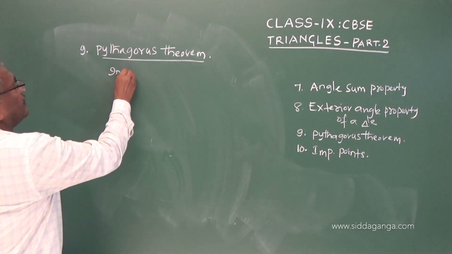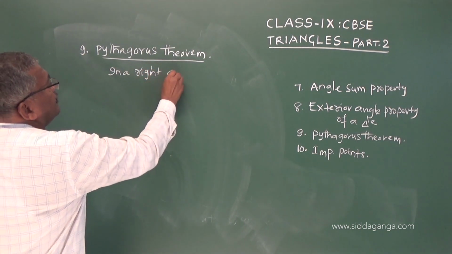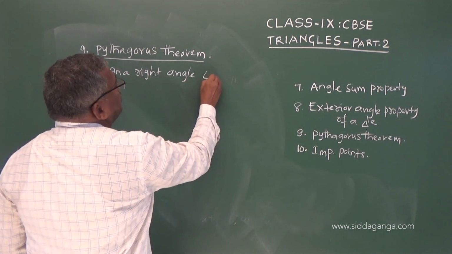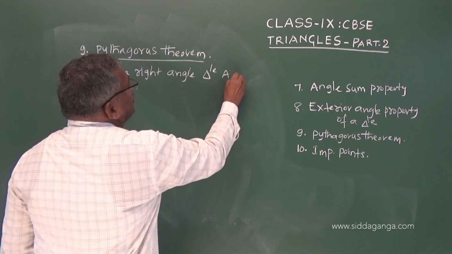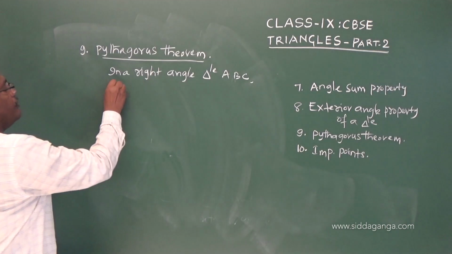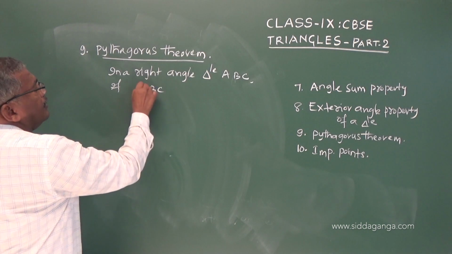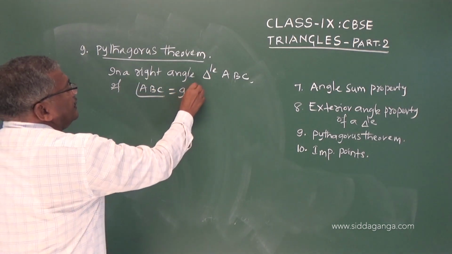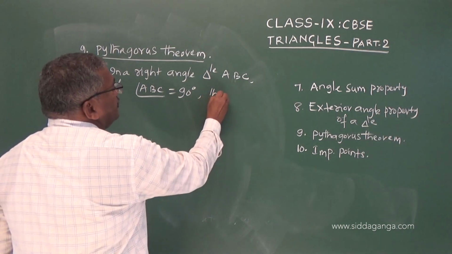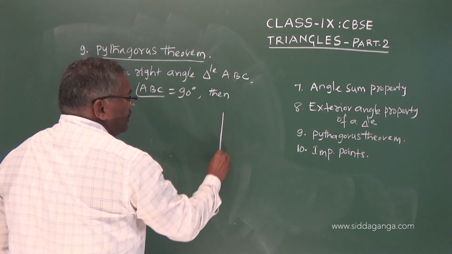In a right angle triangle ABC, let us say, if angle ABC equals 90 degree, so a right angle triangle, then I will draw a sketch so that you can understand this.